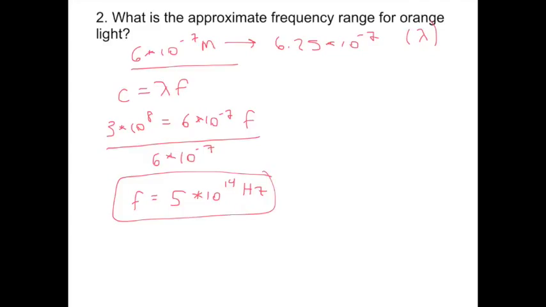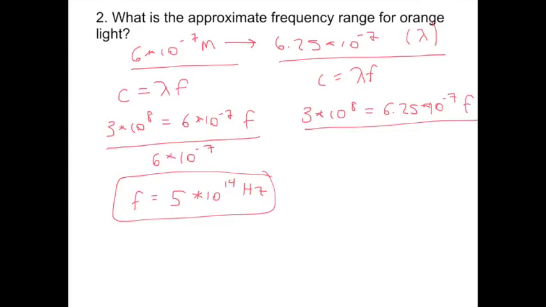Now let's solve for the upper end of wavelength. Once again, there's this equation where c is equal to lambda times f. c is 3 times 10 to the 8th meters per second. Lambda is 6.25 times 10 to the negative 7th, and then we have f to solve.